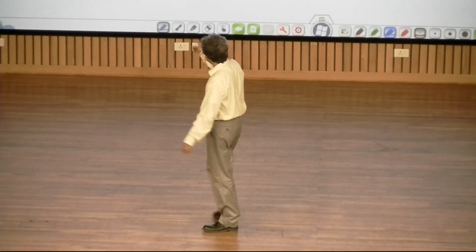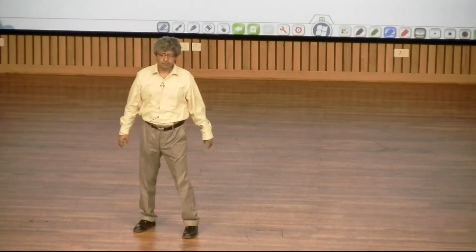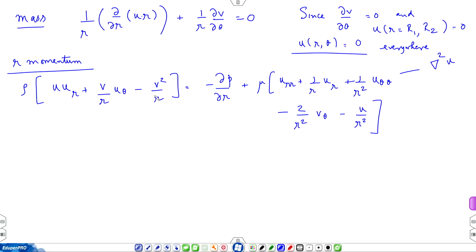And you will see that in the theta momentum equation, you will have the Coriolis component. These appear automatically, which is the advantage of coordinate free form. They are not there in Cartesian coordinates, they appear in cylindrical coordinates, they appear in spherical coordinates. The curvature terms in spherical coordinates are even more involved than Cartesian.